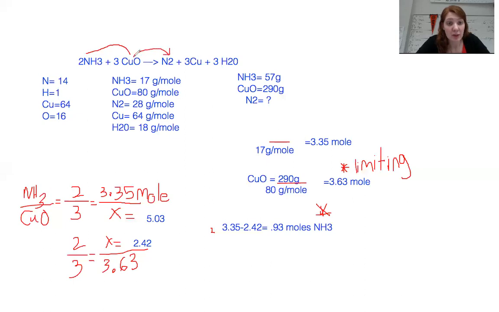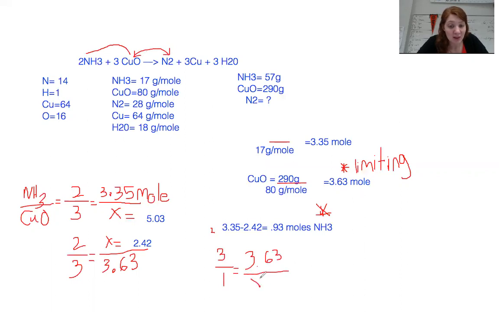Now we're looking at these two, a mole ratio. 3 to 1, right? Do you see that? 3 to 1. So the 3 is the copper oxide, and it is 3.63. That's what we found the moles to be, 3.63. Hopefully you can see where we got that from, just up above.